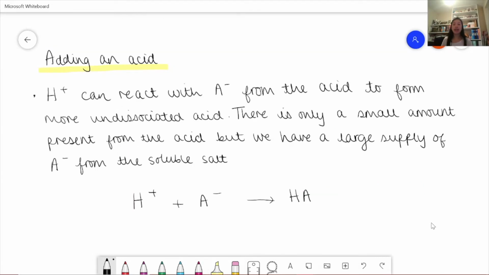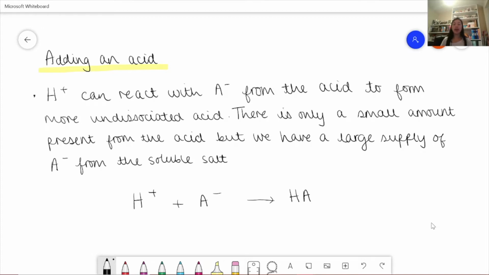If you add an acid to the buffer, what happens is that the H plus that's come from the acid can react with the A minus, which is from the weak acid in the buffer, and this forms more undissociated acid. However, there's only a very, very small amount of this A minus present from the weak acid that we've got in the buffer, but we do have a very, very large supply from the soluble salt because the soluble salt fully dissociates.